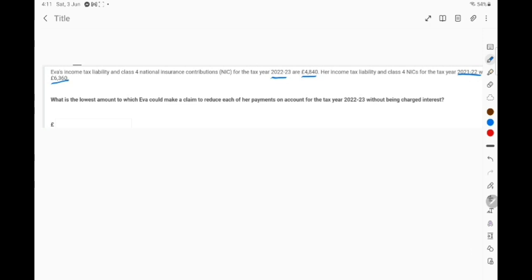You can reduce your payment on account if your current year income tax liability is less than previous year. So as our current year income tax liability and NIC is less than previous year, we can make a claim for half of this amount 4840, as we have to make two payments on account of equal amount. So the total amount to be paid is 4,840 and half of this would be 2,420.